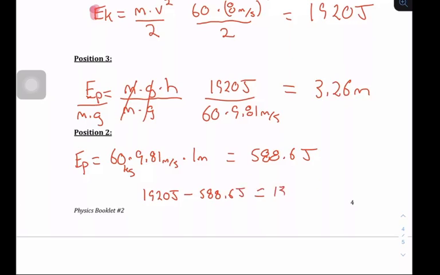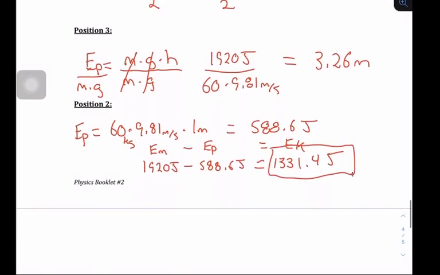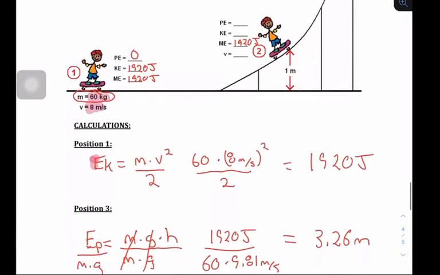Kinetic energy is what's left over, 1,331.4 joules. So this is mechanical energy, and that's subtracting the potential energy, and that's going to equal kinetic energy. Now that I have kinetic energy, I can find out the speed of the skateboarder at that time.